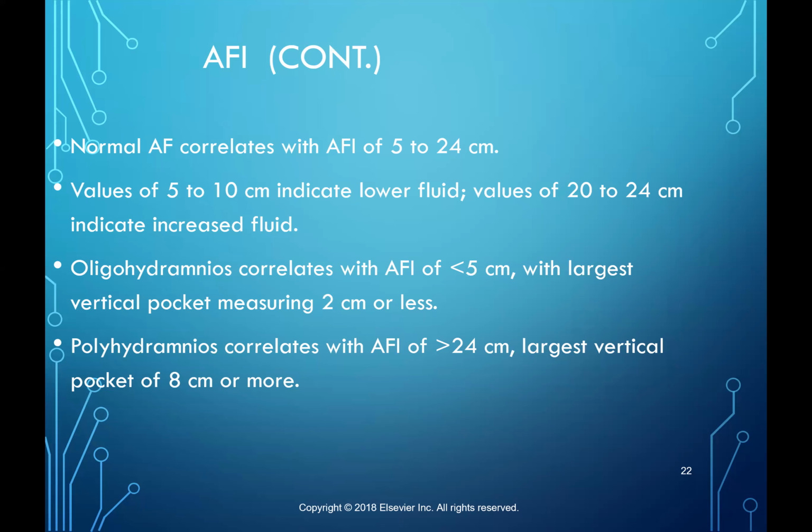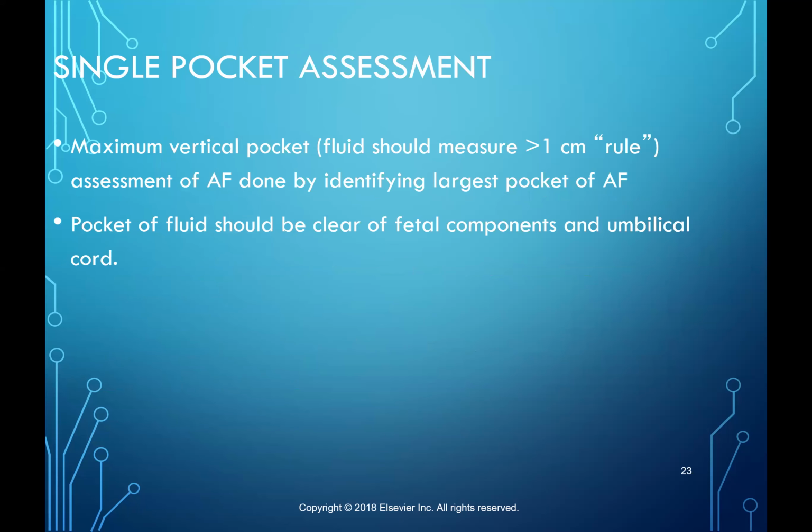Polyhydramnios correlates with an amniotic fluid index of greater than 24 centimeters. So the largest pocket of 8 centimeters or more would be polyhydramnios. So we do a single pocket assessment sometimes earlier on, if you feel like at 20 weeks gestation you're doing a complete scan and it just looks like there's quite a bit of fluid.